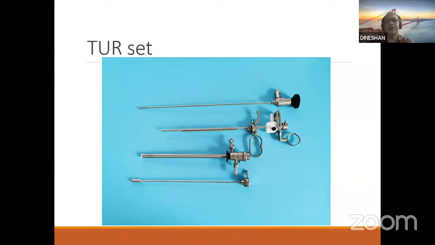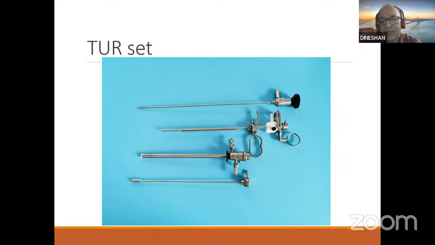Now we can move on to the most important part of the discussion, the TUR set. The TUR set comprises the original resectoscope, the standard McCarthy. It was a single sheath system where you have to intermittently empty the bladder.